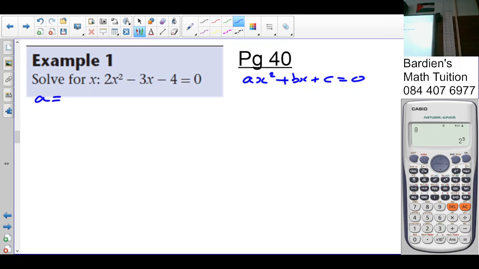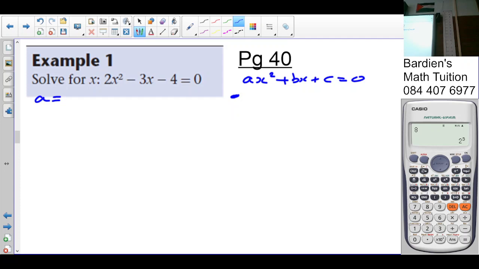Firstly, when we draw these values for the formula, the equation must firstly be in standard form. So make a note there. The equation must be in standard form first. If it's not in standard form, you must write it in standard form.